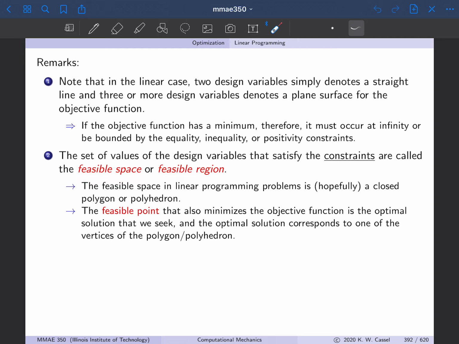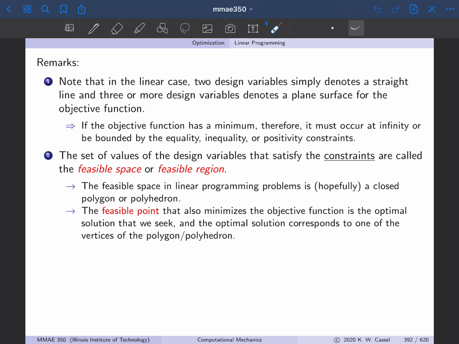Based on the constraints, it's the region in the design space where the minimum could be, where the optimal solution could be. So it's all the values of the design variables that satisfy the constraints. Then, when you impose the minimization of the objective function, that will hopefully leave only one point in the feasible space which minimizes the objective function. So that's the feasible point.